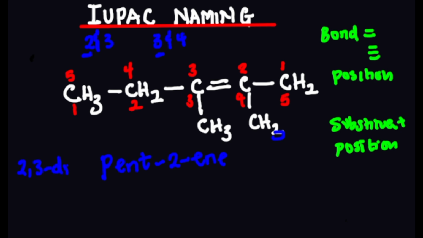Then dimethyl. Let me write it here. 2, 3, dimethyl. And I'm using the word di because we're having 2 methyl groups as substituents here. 2,3-dimethylpent-2-ene. That's basically the name. Now let's go ahead and name another compound.